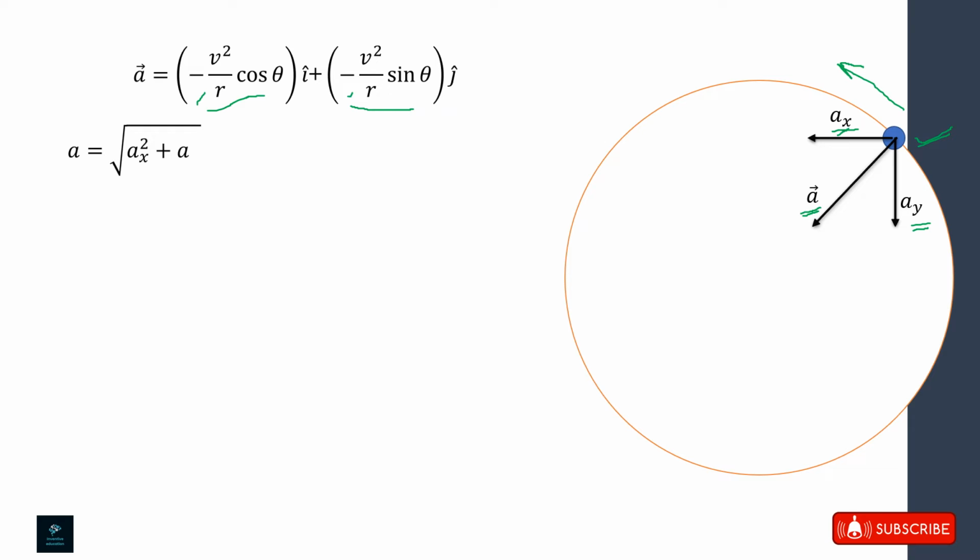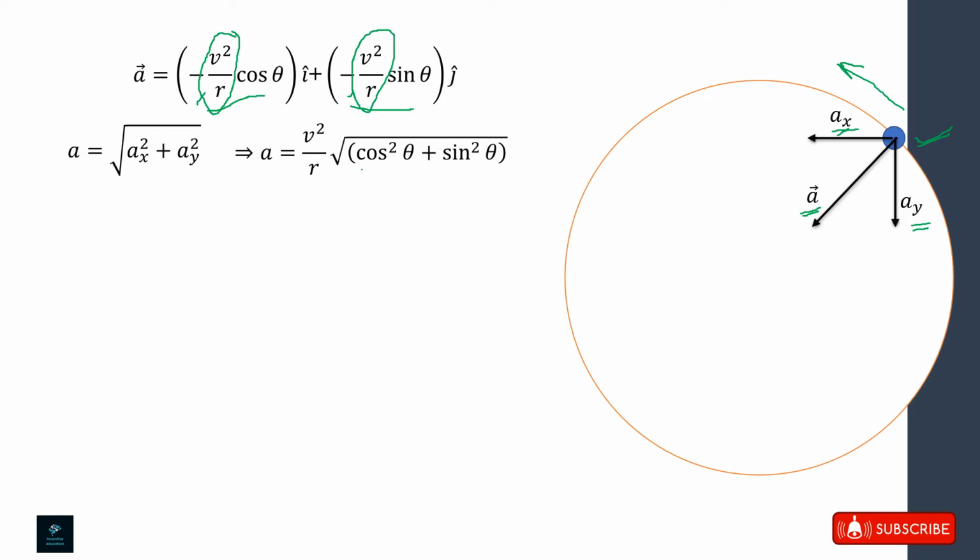Therefore, magnitude of A is equal to square root of ax square plus ay square. We can see that in both the components v square by r is common. So we can take this out of the square and ultimately out of the square root to obtain A equal to v square by r square root of cos square theta plus sin square theta.